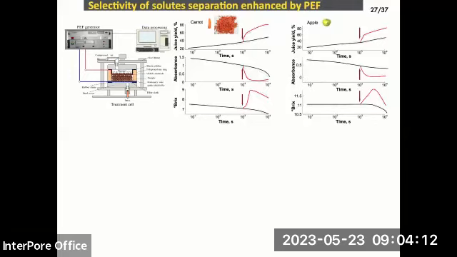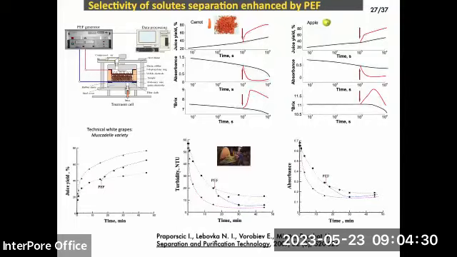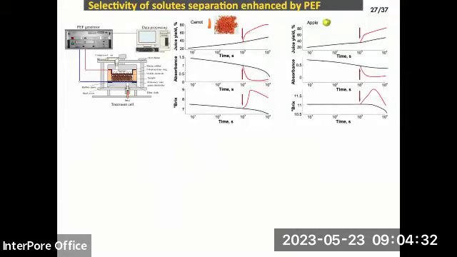I mean that with such treatment, we can from one side enhance the pressing, from the other side, we can influence the selectivity of the pressing because some molecules can be retained inside of the tissue. The same you can see in this example, sorry.